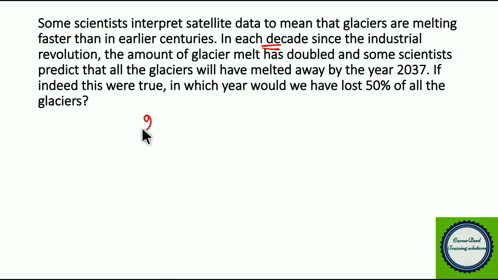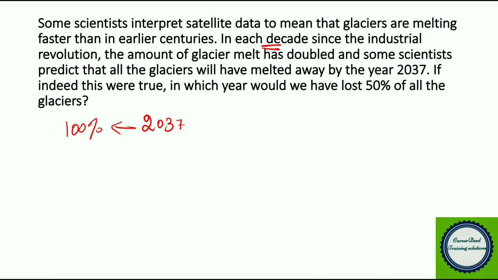Now in 2037, if all the glaciers have melted, that means 100% of the glaciers in the world are melted, and it is given the amount of glacier melt has doubled every decade, right? They are asking us to find when we have lost only 50%.